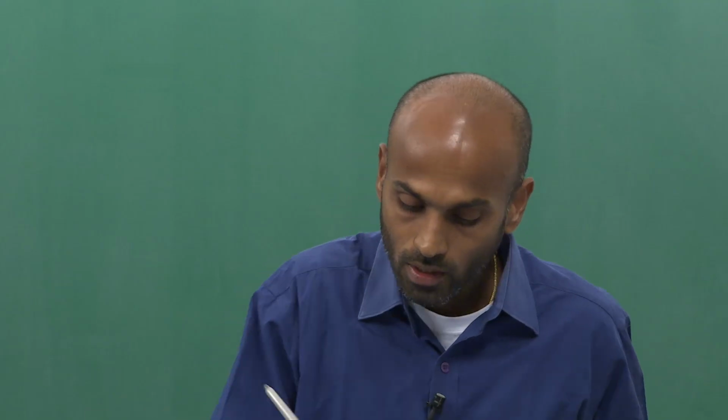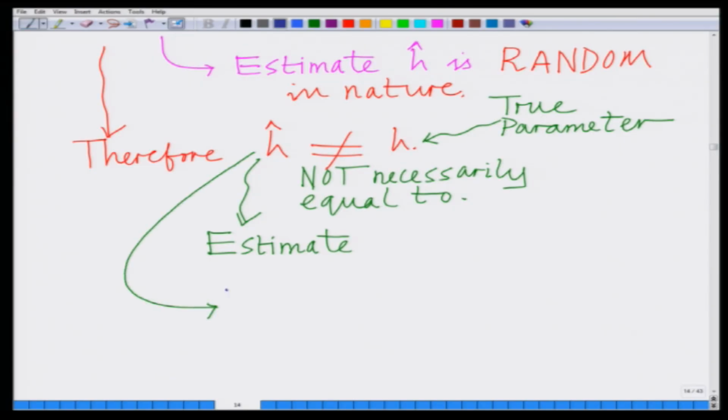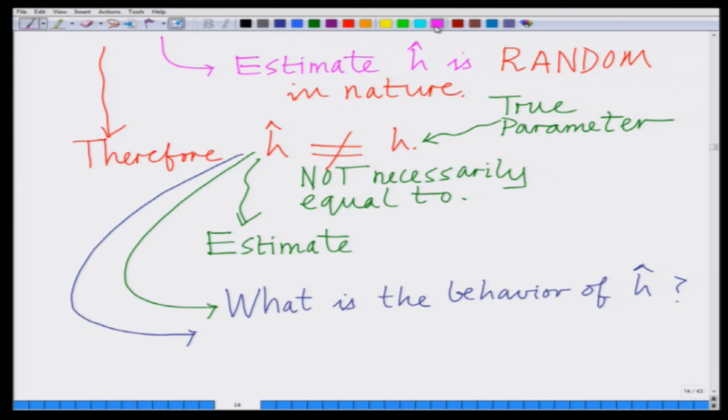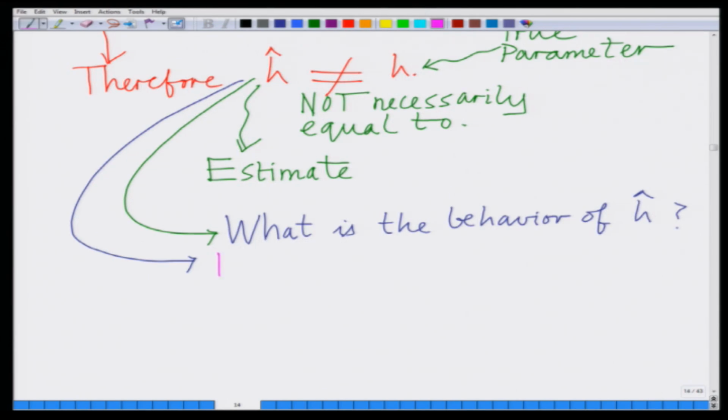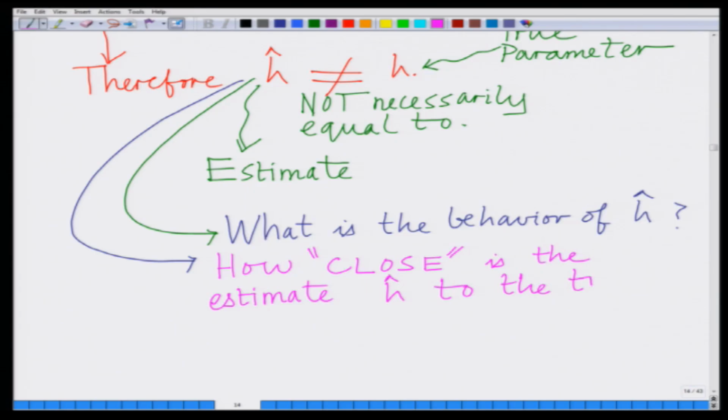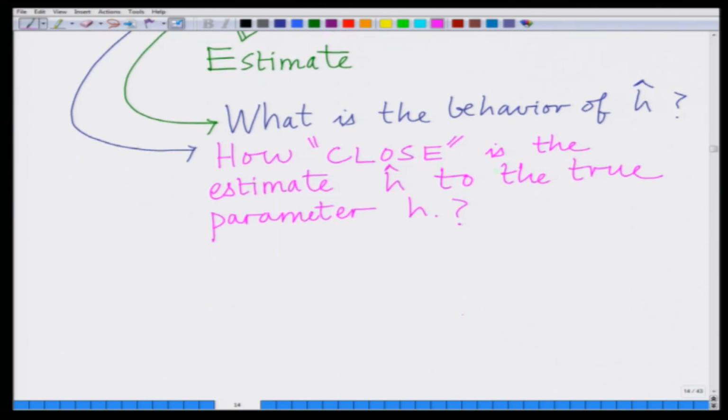So, h hat is random. Therefore, what we want to do is explore the behavior of h hat, and in some sense address this important question: how close is the estimate h hat to the true parameter h, and in what sense?